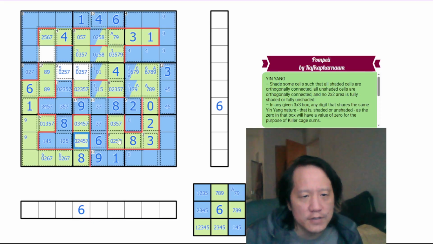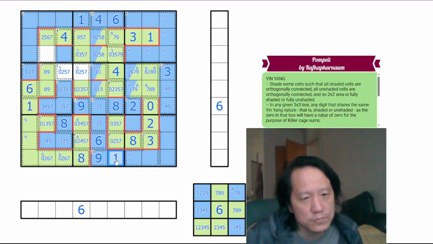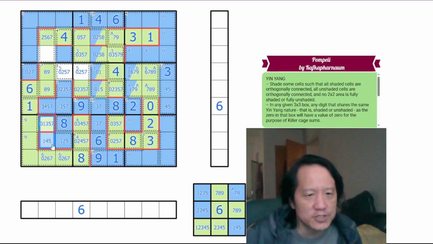So 4 has to be one of these two here. So these 3 digits, again, must match these. And these 4 match these 3 and the one that's missing in box 7.